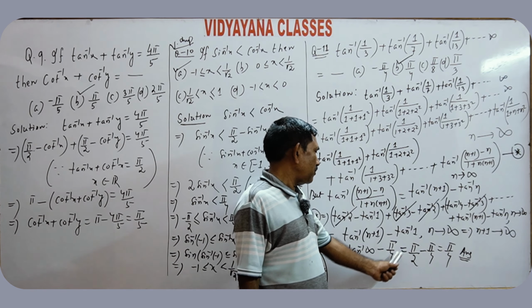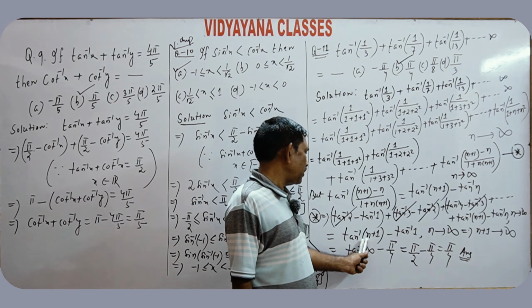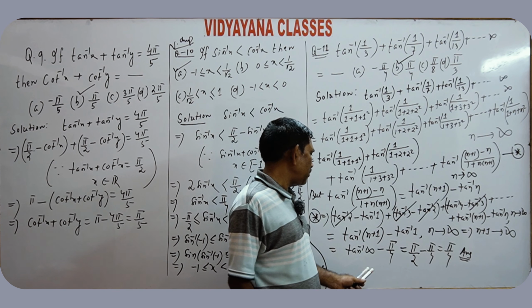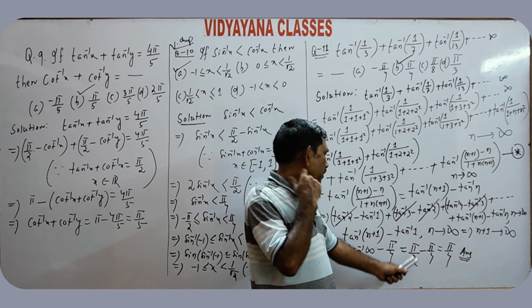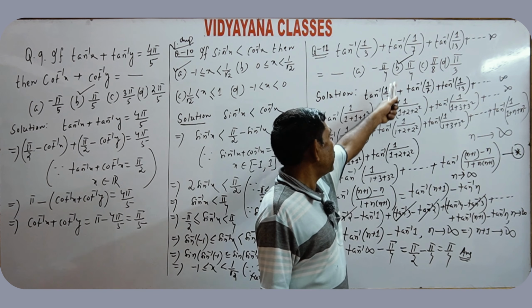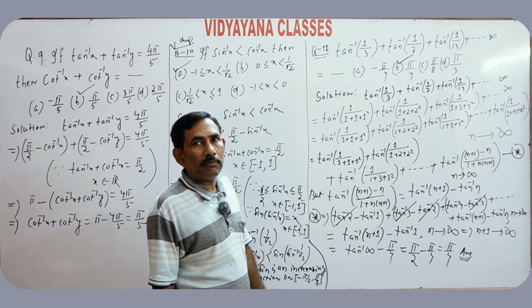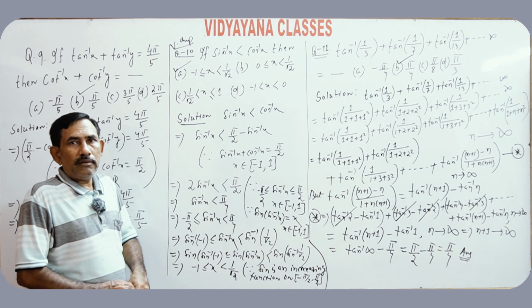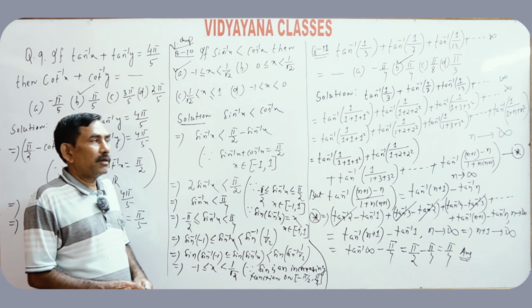Tan inverse 1 is equal to pi by 4. For n tends to infinity, tan inverse n plus 1 is tan inverse infinity, which is same as pi by 2, minus pi by 4, that is pi by 4. So the correct option is B, that is pi by 4. Clear? Okay, note down.